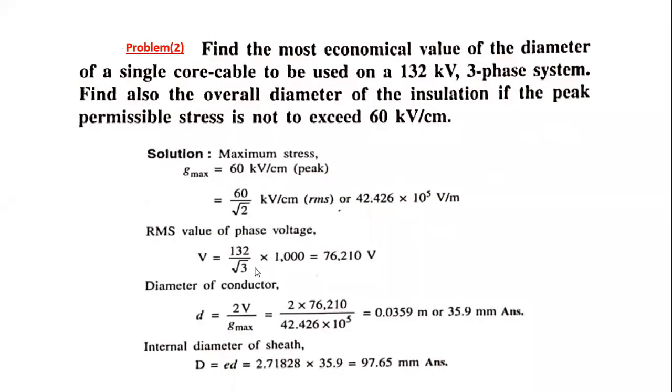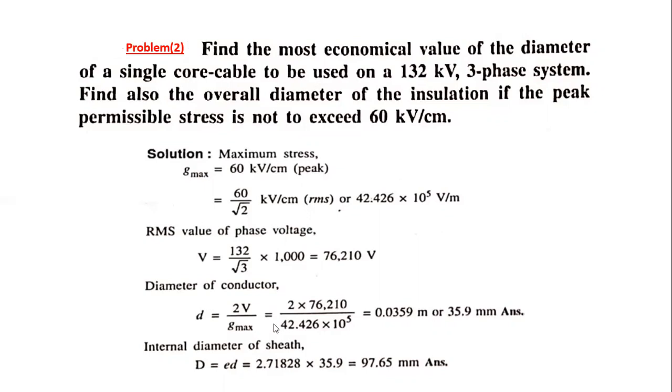Next, coming to the second problem, it is similar to the previous one and we use the same formula. We obtain the internal diameter of the sheath, D is equal to e into d, where e is the fixed value 2.71828 and d is 35.9. This is the most economical size of conductor diameter.